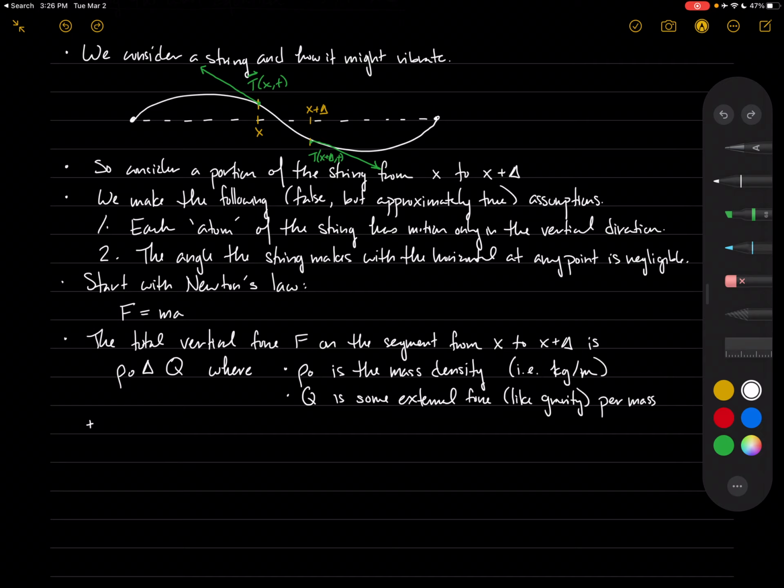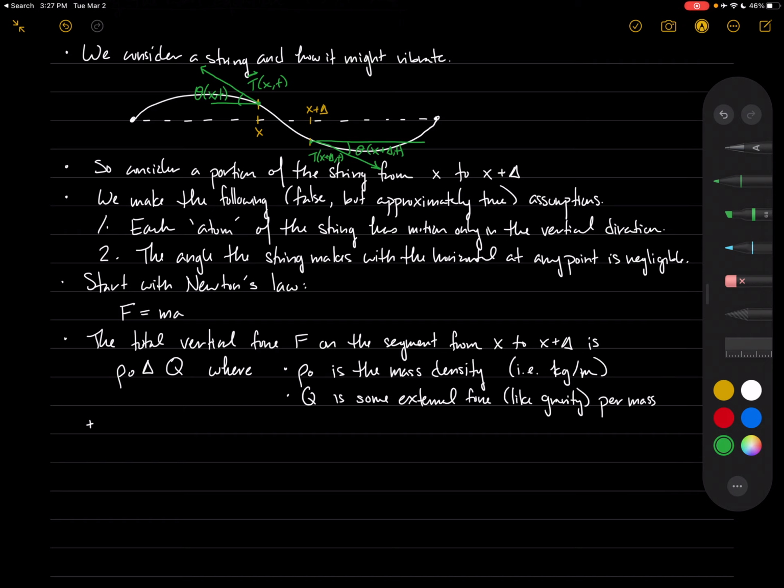We can do that mathematically by thinking about the horizontal and the angle that the tangent line to the string makes with the horizontal there. We're going to call this theta of x,t. And similarly here, we're going to call this theta of x plus delta comma t.